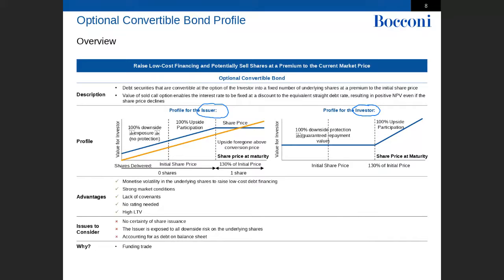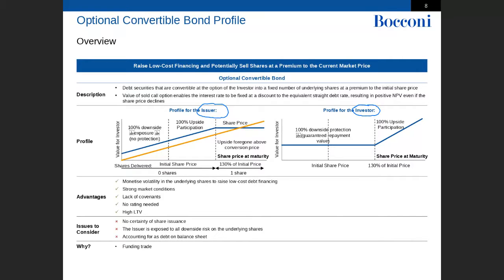So equity doesn't provide you any benefit, because you issue at 100, you raise 100, and you de facto don't participate in any benefit. So if the shares are performing less and less in the marketplace, upon maturity you get all this downside.